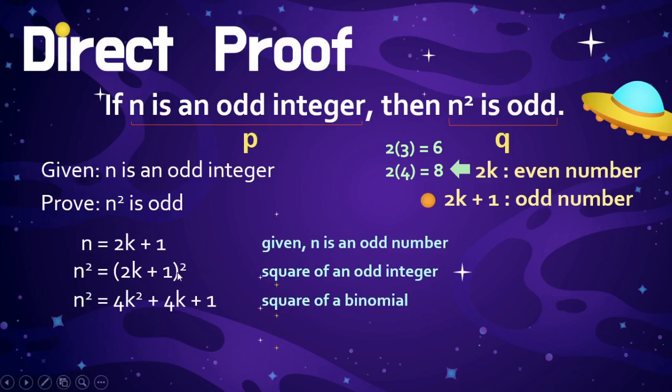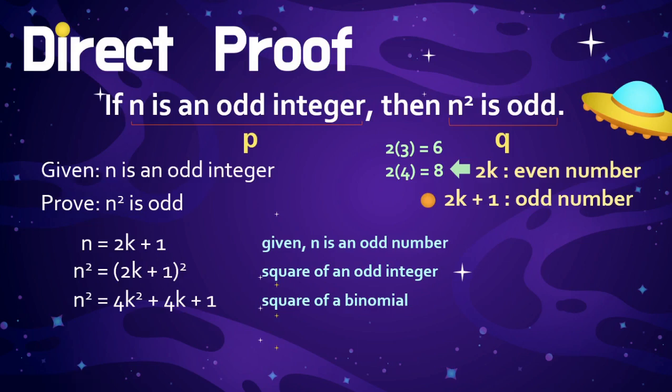So, we square a binomial by first squaring the first term. Our first term is 2k. So, 2k squared, so that's 4k squared. And then, plus twice the product of the two terms. So, times muna natin tong two terms. 2k times 1 is 2k.